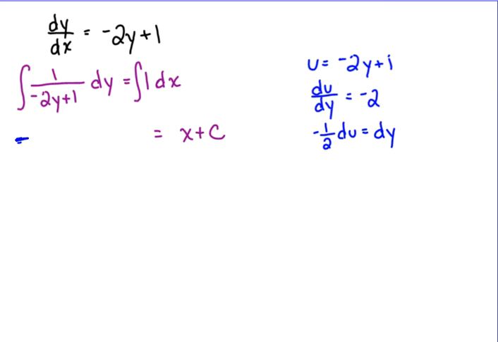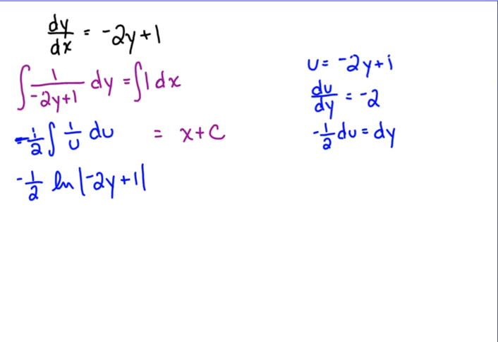So technically, we're looking at negative 1 over 2 times the integral of 1 over u du. Negative 2y plus 1 was our u. dy is equivalent to negative 1/2 du. So we have negative 1/2 times the natural log of u, which I'm going to go ahead and plug in, negative 2y plus 1, is equal to x plus c.